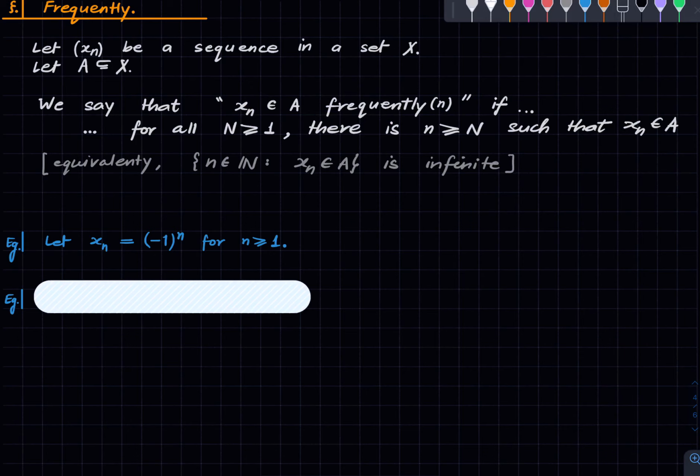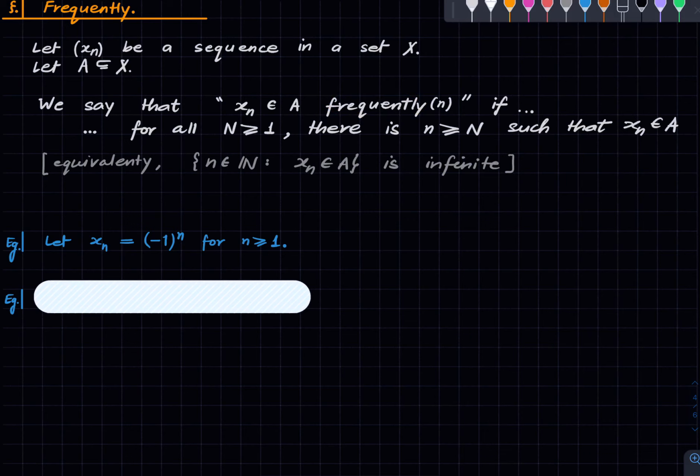That's what frequently means. It may not completely align with our intuitive understanding of the word frequently, but this is how we choose to define it. One could also have said that xn in A infinitely often. That would have been a better definition, but anyway, the definition is what it is.